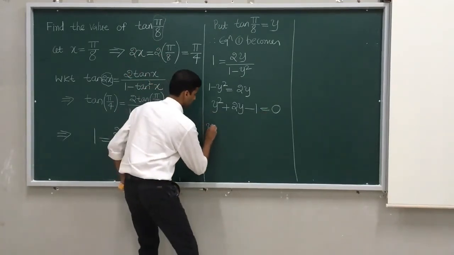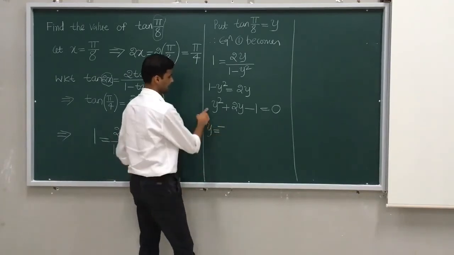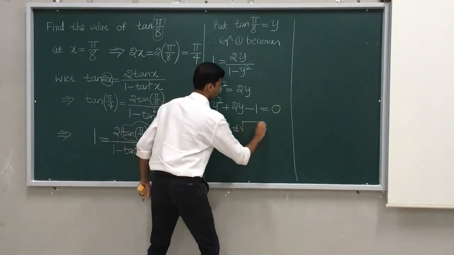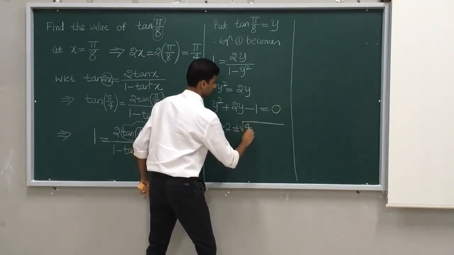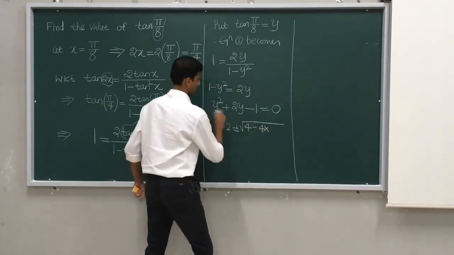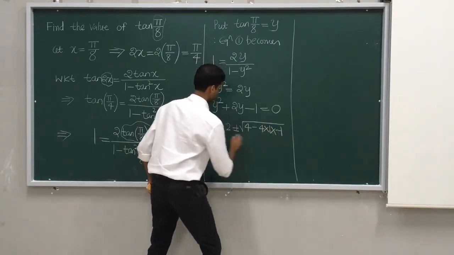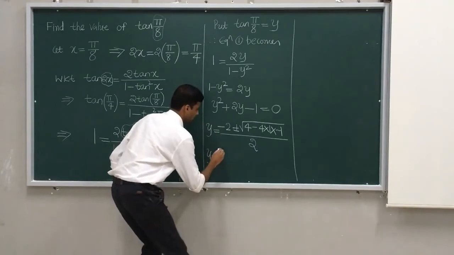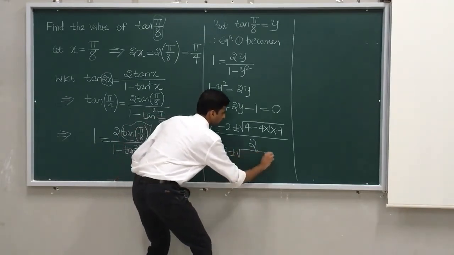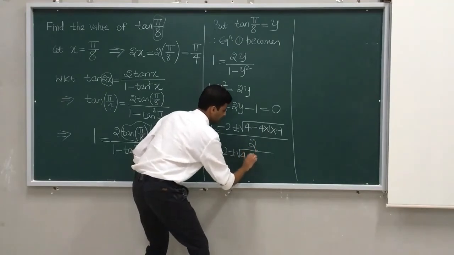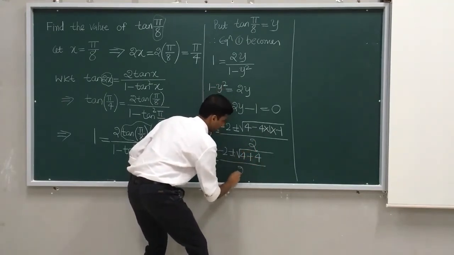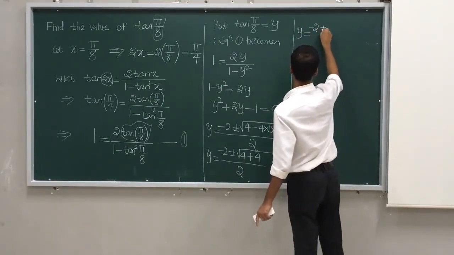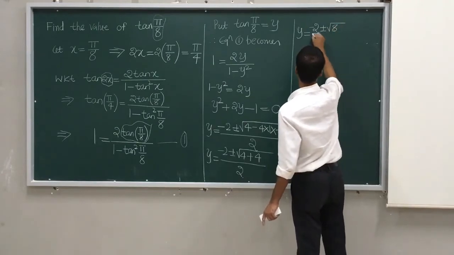For ax square plus bx plus c, it is y equal to minus b plus or minus square root of b square minus 4ac, upon 2a, that is 2. So y equal to minus 2 plus or minus the square root of 4, minus becomes plus 4, upon 2. So we got y equal to minus 2 plus or minus root 8 upon 2.